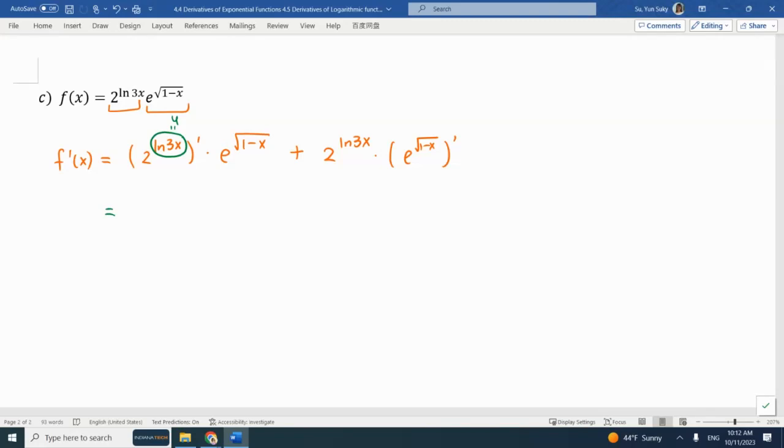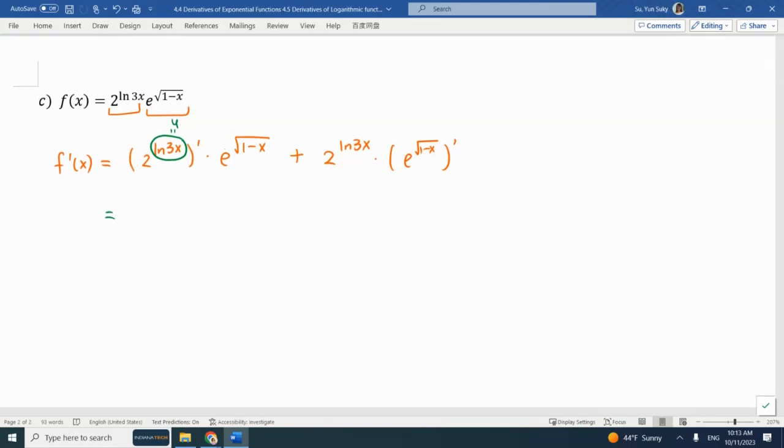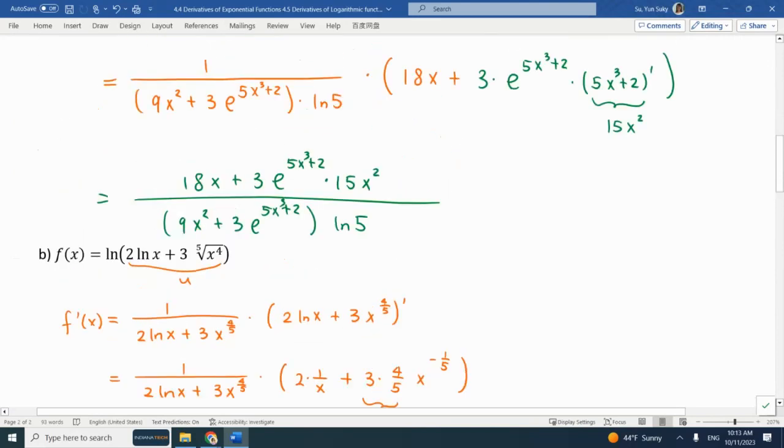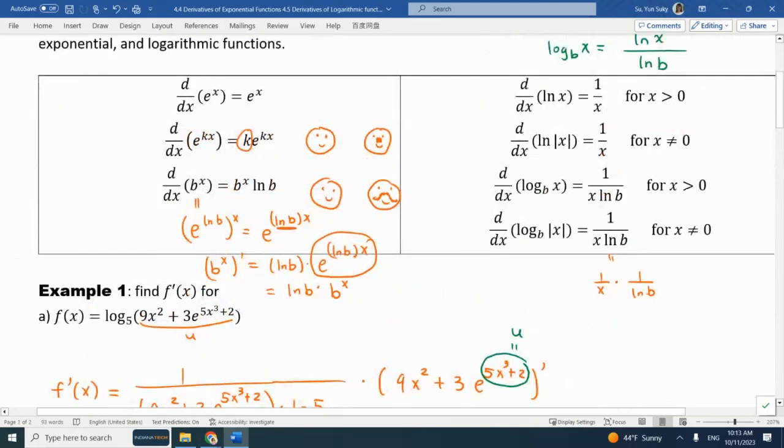The derivative of 2 to the u is 2 to the u ln 2 times u prime.